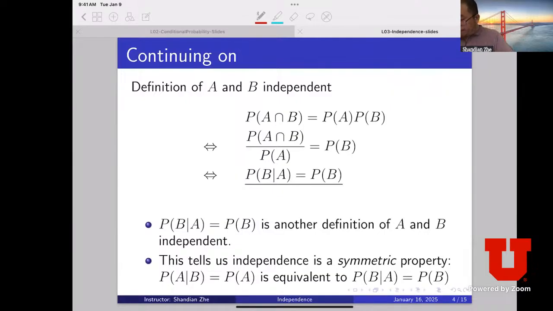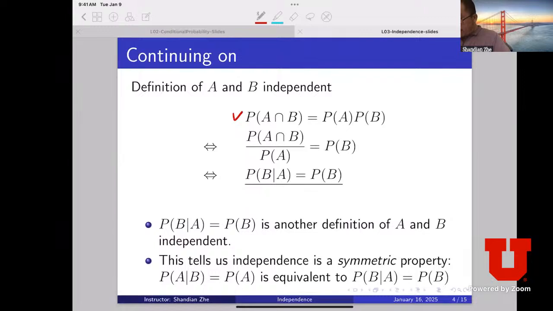Now, starting from this, as we mentioned, this is another definition of independence. That is, the joint probability equals P of A multiplied by P of B. Let's see what else we can get.